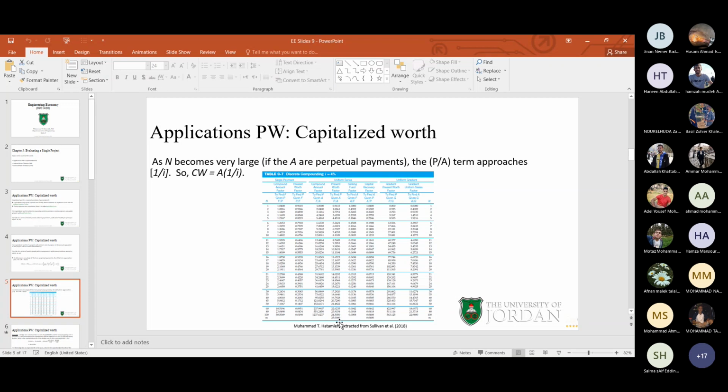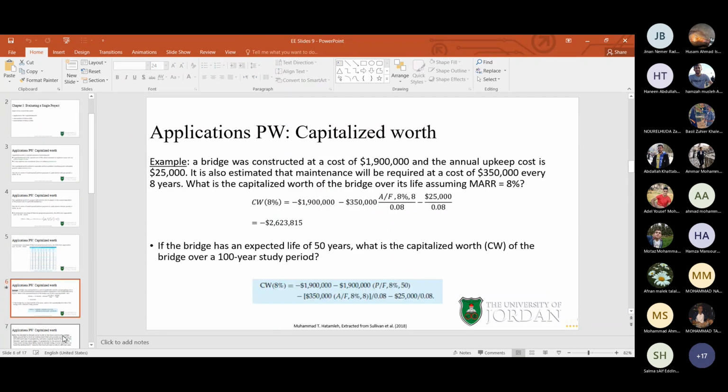Again, we're not going to go through the detail of the integration and the limitation and how we actually extracted these formulas, but the capitalized worth would equal the annuity, القيمة الثابتة اللي عم تتكرر for an infinite amount of time divided by the interest rate that governs that transaction. That would give me the present worth or the capitalized worth.